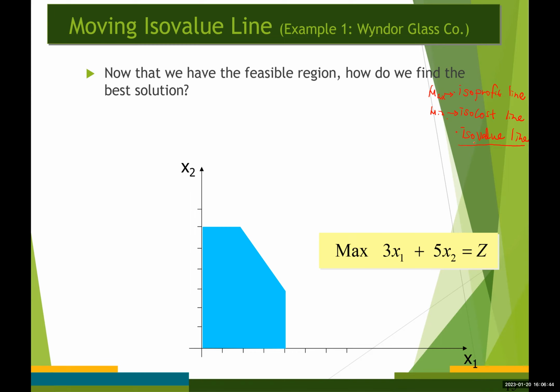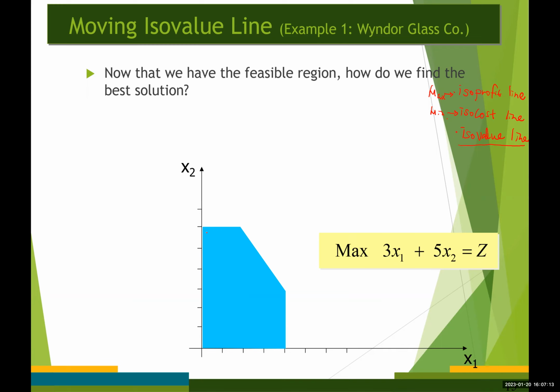Then the question is, how can you draw an iso value line? To draw an iso value line, what you need to do is to choose any point in the feasible region. It could be inside the feasible region, on the boundaries of the feasible region, or at a corner point, an extreme point of the feasible region.